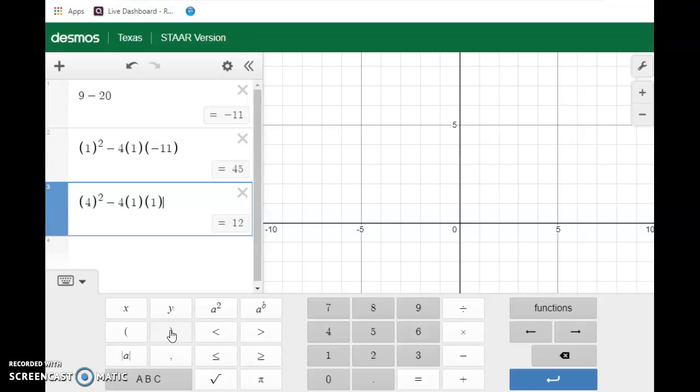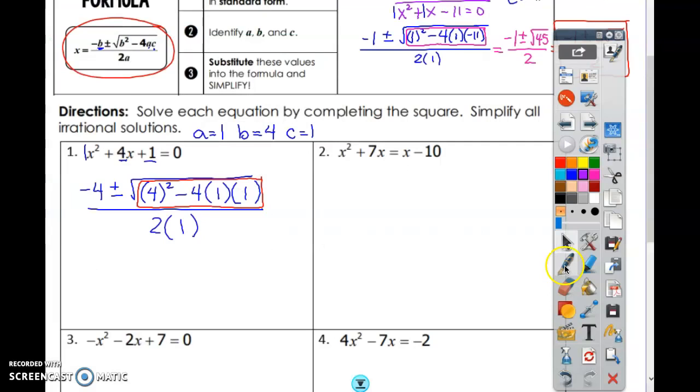Make sure that you are typing it in Desmos as well. So then I know that all of that is 12, so I have negative 4 right here. Plus or minus square root of 12 all over, what's 2 times 1? 2. Okay, so I'm almost done. I just need to simplify this, right?